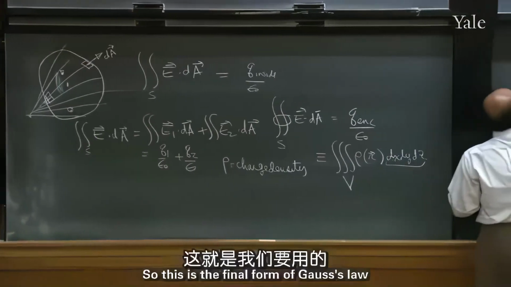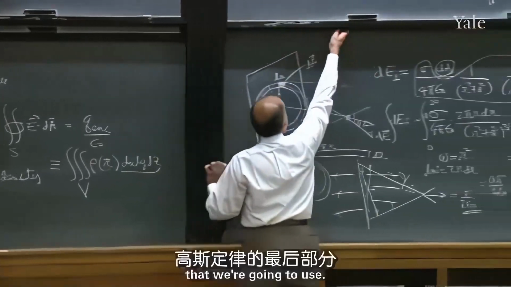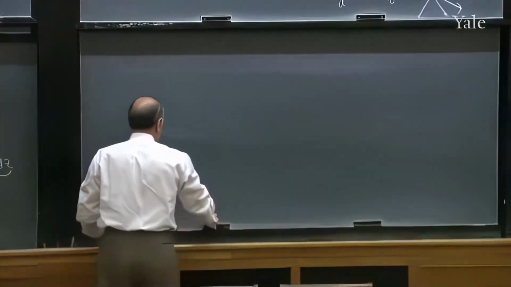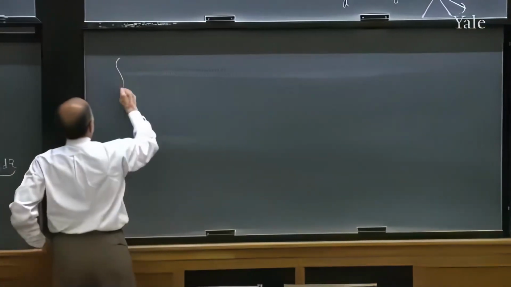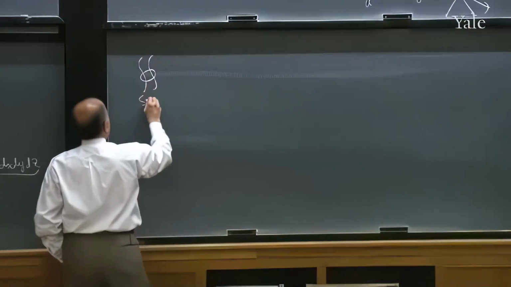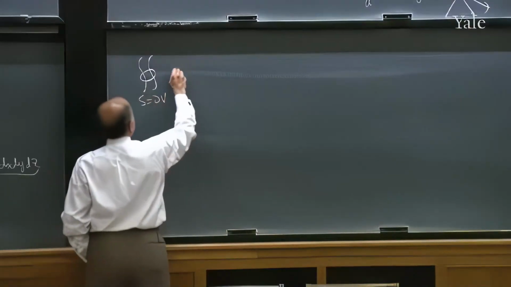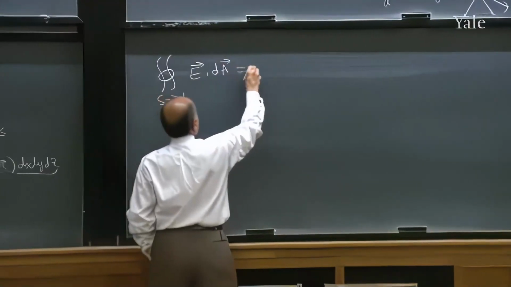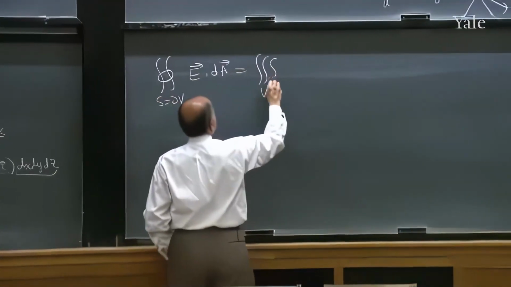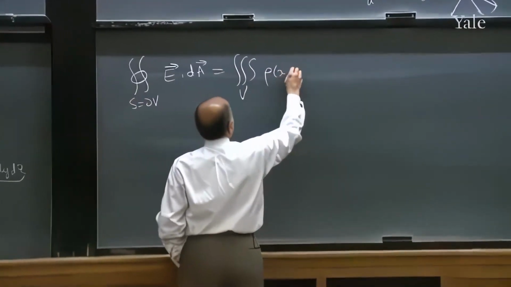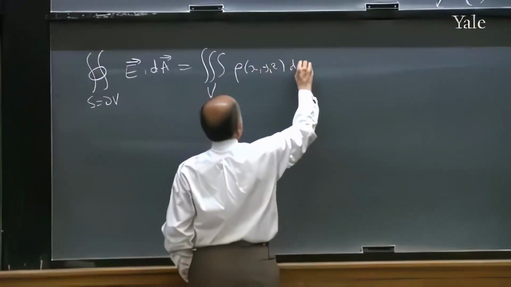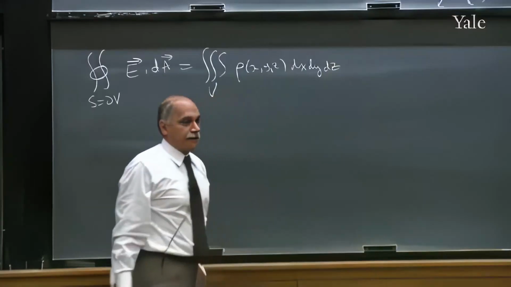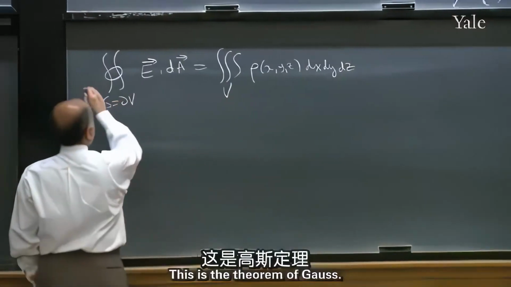So this is the final form of Gauss's law that we're going to use. I'm going to use this symbol, which is very useful. This is the theorem of Gauss.